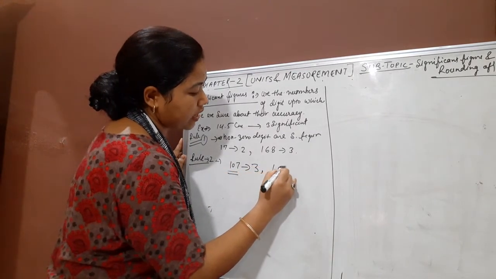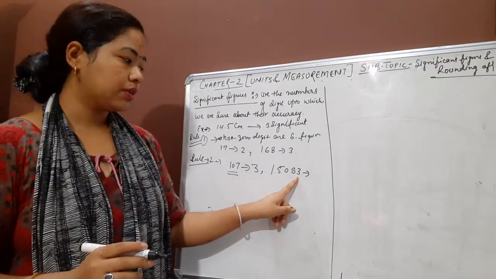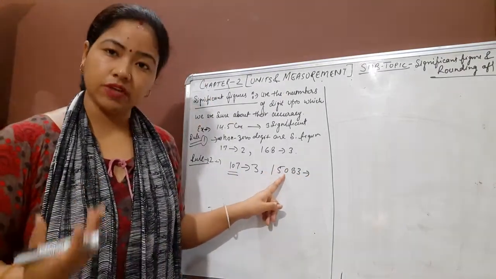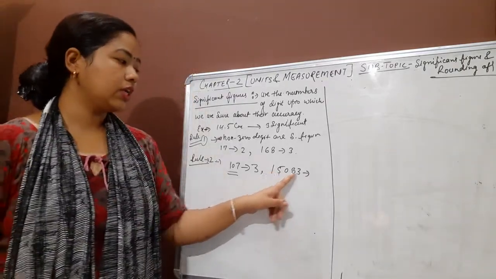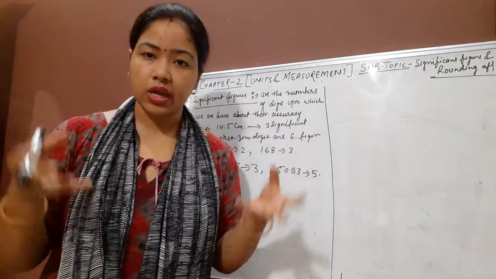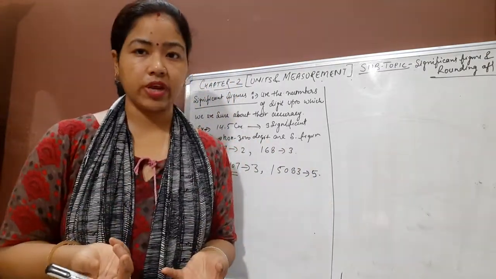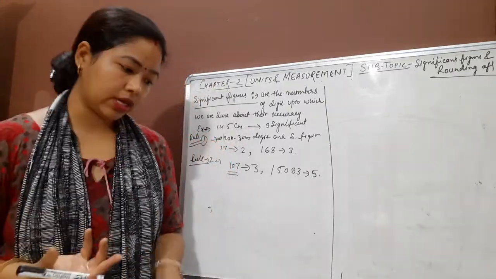Likewise, we have 15083. In this quantity, this 0 will be counted as a significant figure, and so how many significant figures are there in the quantity? That are 5, right? So all zeros occurring in between the non-zero digits are counted as significant figures. That is the second rule, right?